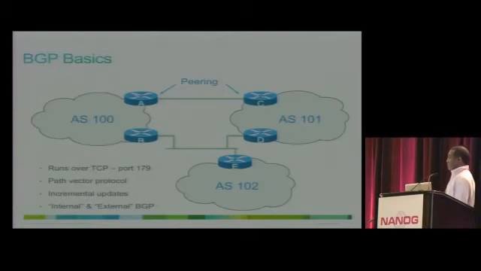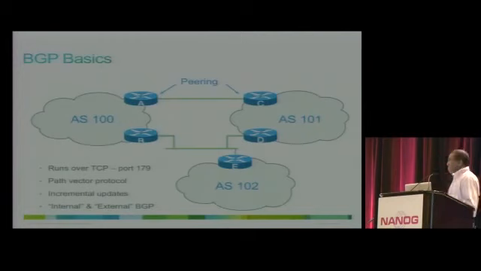BGP uses TCP for exchanging routes within a single autonomous system or between different autonomous systems. It uses TCP port 179. It is a path vector protocol.